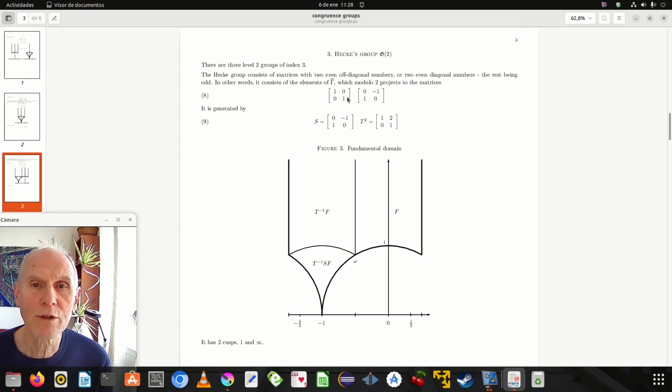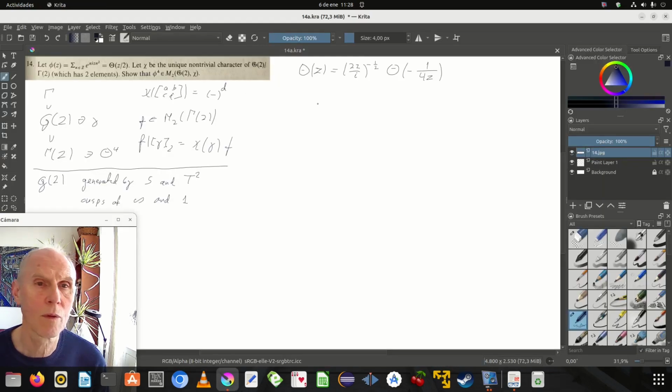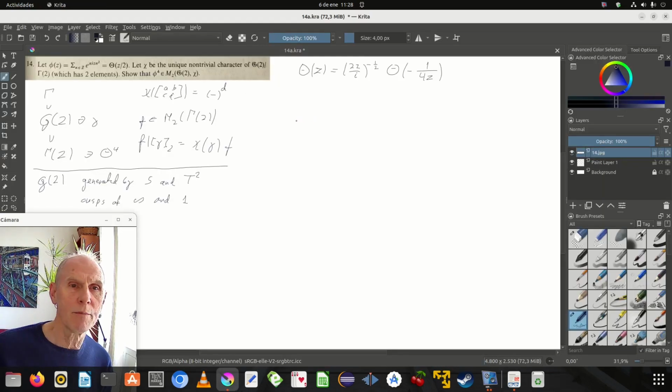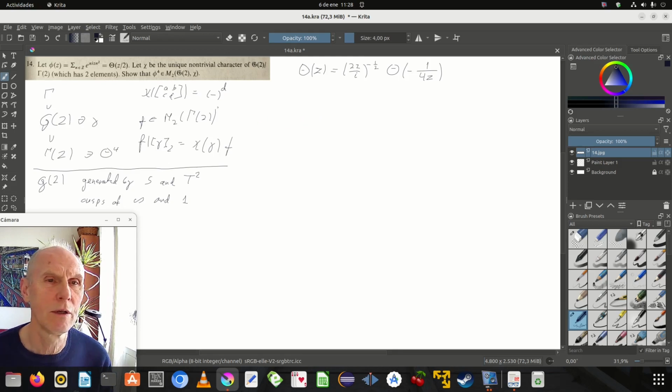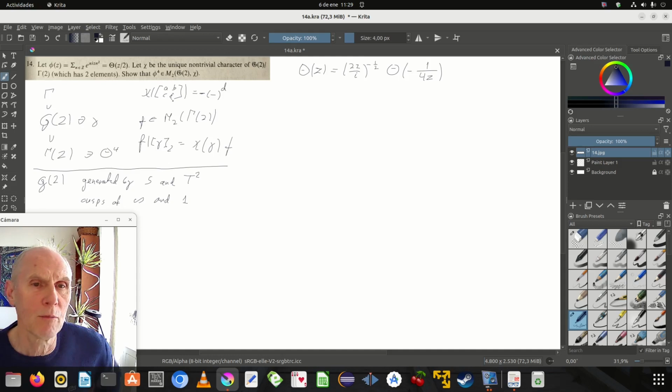So that means we can use the character defined on D. Very simple. So if D is 1, it's the unit matrix, it should give +1, so it's a minus here. And if D is a multiple of 2, then it gives -1. So that's our character.